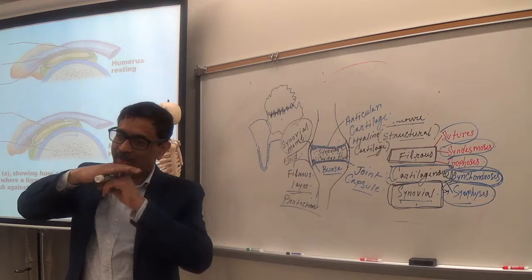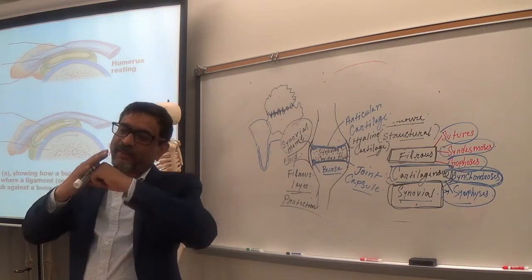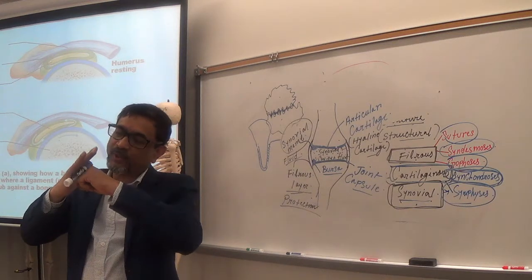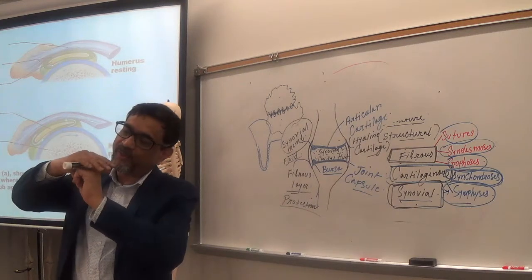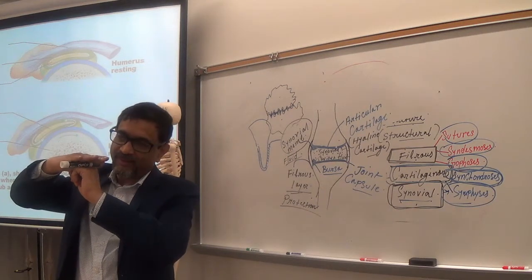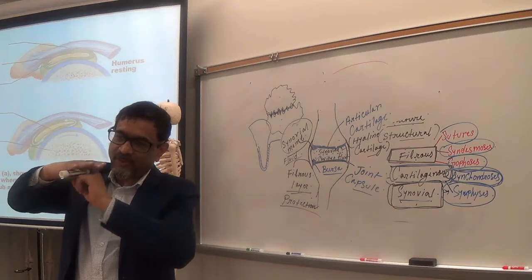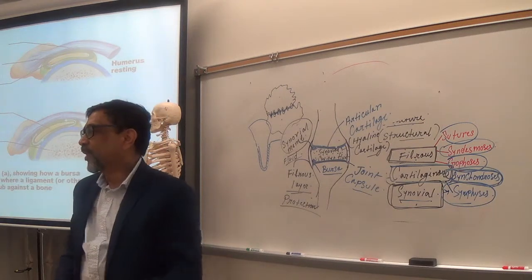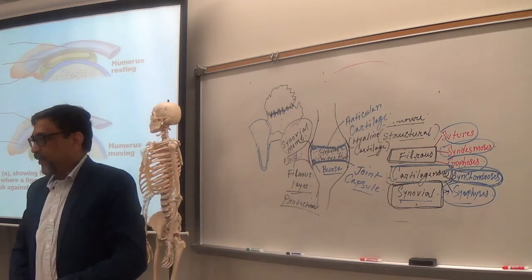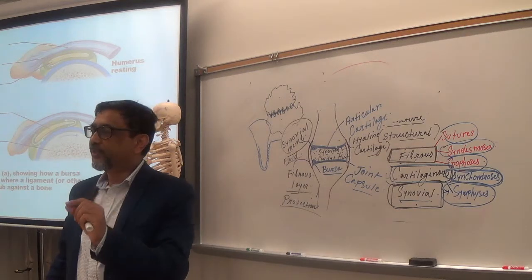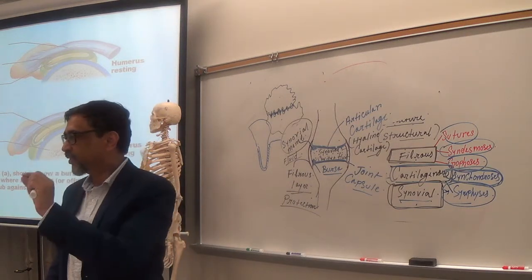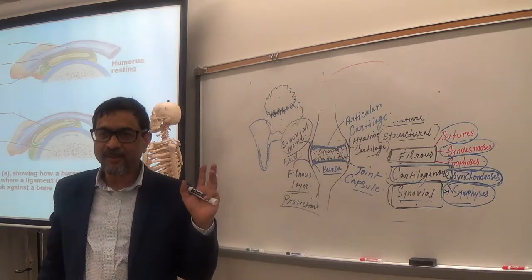So the bursa reduces the friction between the bones, or between a bone and, for example, a tendon. So bursae are flattened fluid-filled sacs present in some synovial joints. Is it clear?